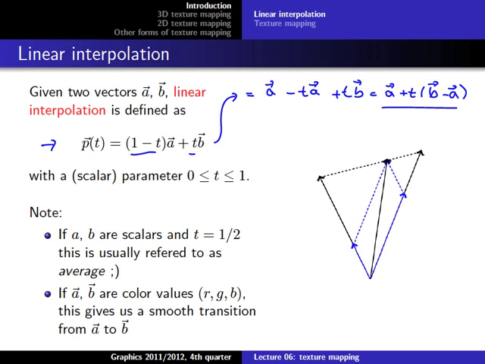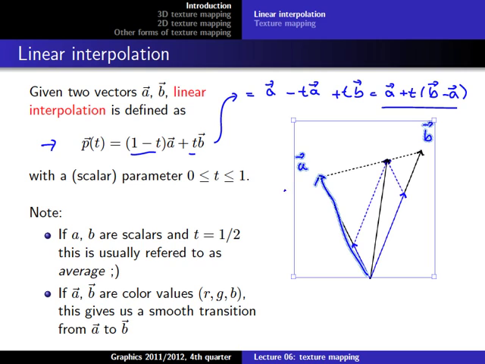So if we think about this in a way that we have here our vector A and here our vector B, then we have A as the support vector of the line, and B minus A, this vector here, is the direction vector of the line.